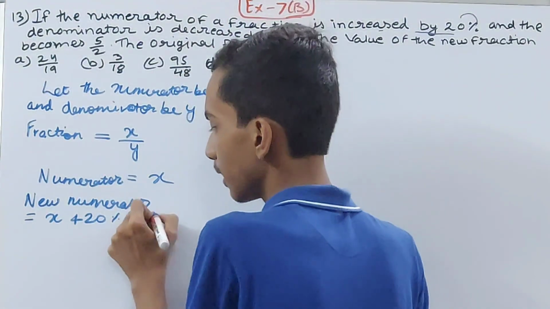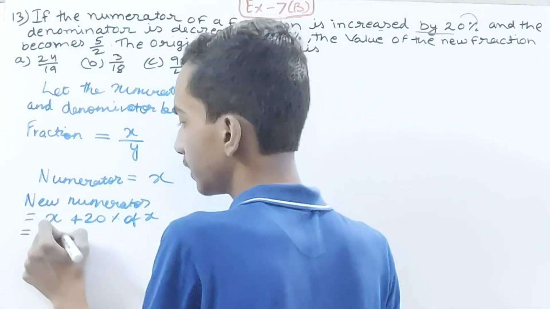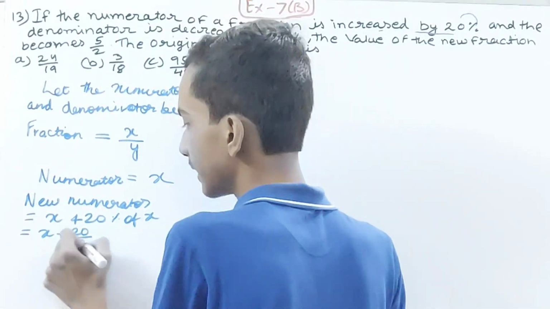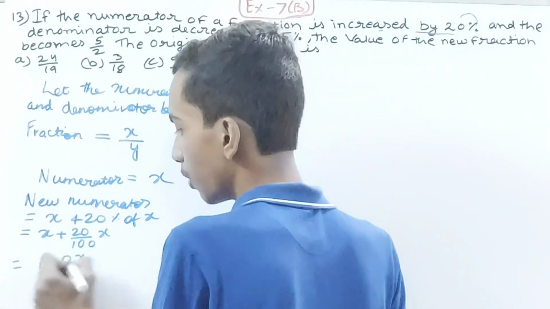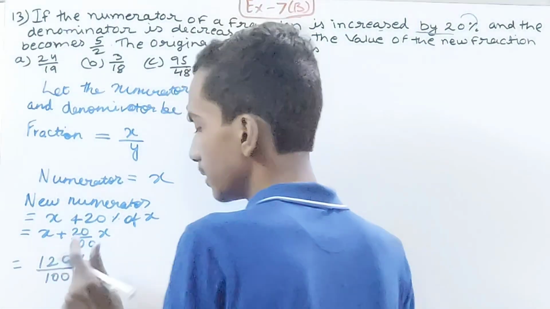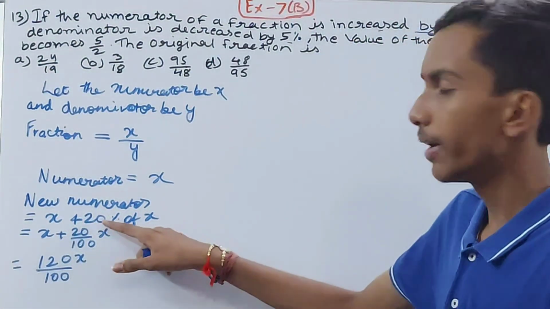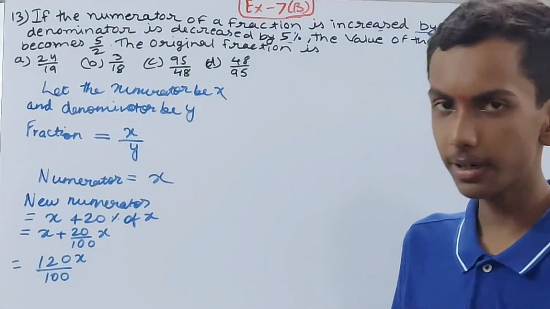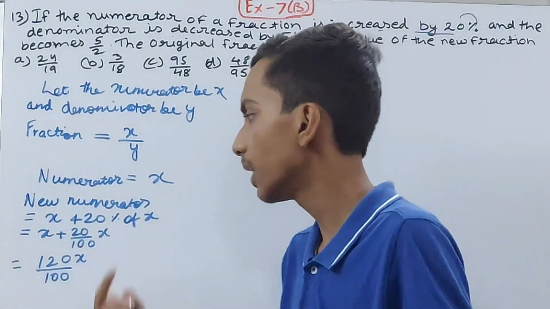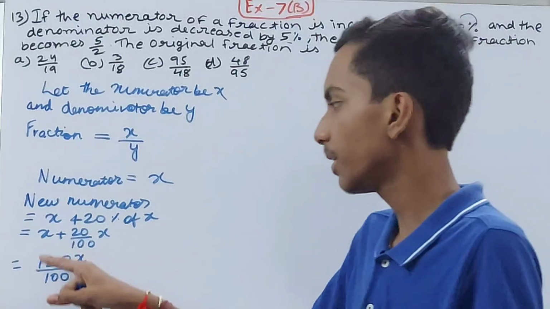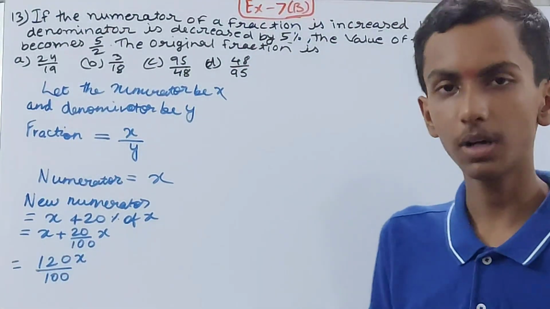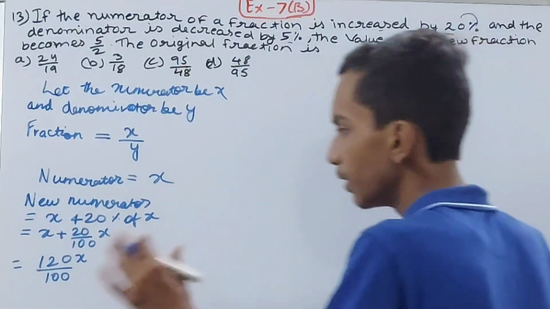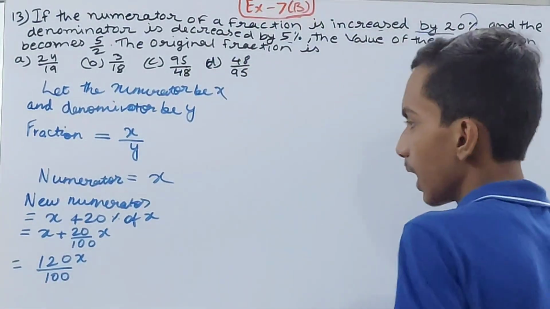Yes, that is x plus 20 by 100 x, right? That is 120x upon 100. When you see 120, 20% of x is 20x by 100, and in that you add your x, so x will become 100x and 20x here, so 120x upon 100. That will be the new numerator, right?